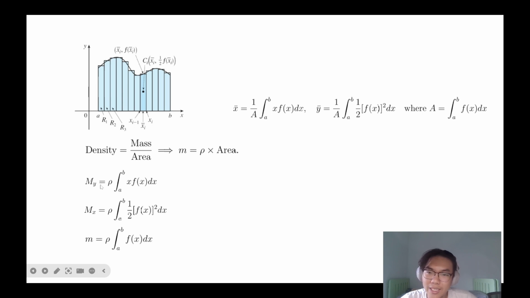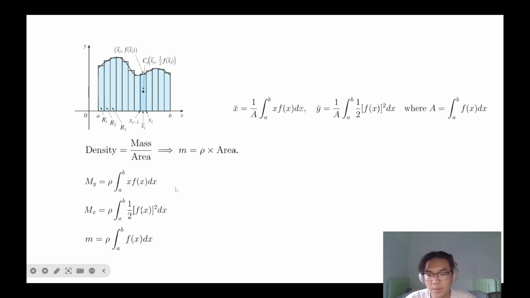For the y-axis, the area of the mass is just the line. It's a rectangle at first, but we're going to use integrals. So the length of this rectangle is merely the line, so the area is basically f(x). The position of x is just x, so we find this function.